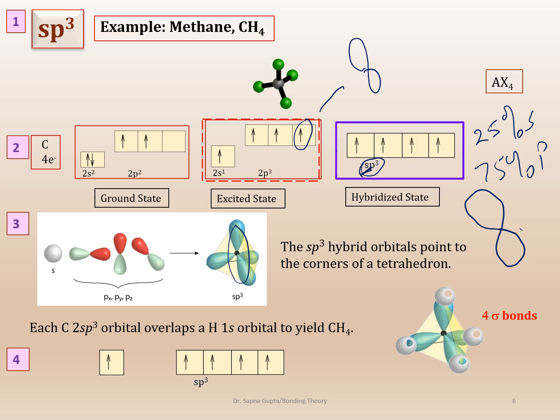Now we have sp3 orbitals. Again, we have 4 orbitals, and those 4 orbitals are exactly the same, as you can see over here. They have the same energy, unlike s and p, which had different energies. These 4 sp3 electrons have exactly the same energy and look exactly the same. So when you form the bonds with hydrogen, all the bonds look alike.